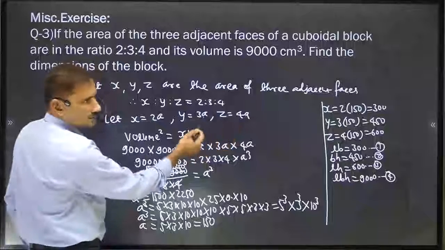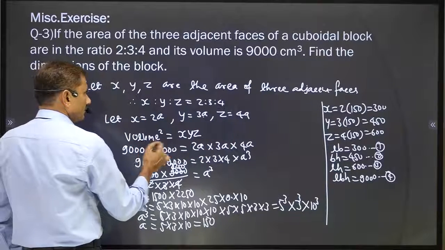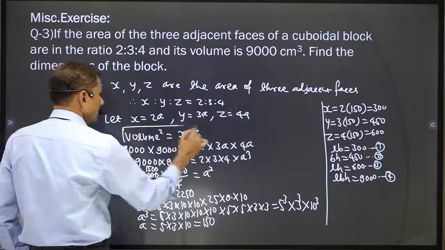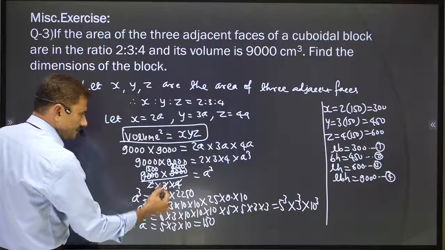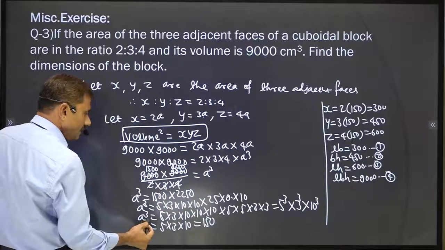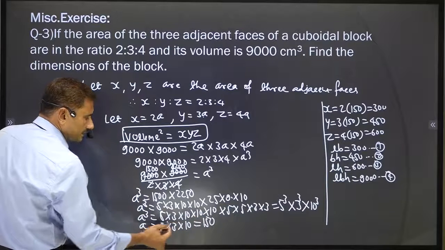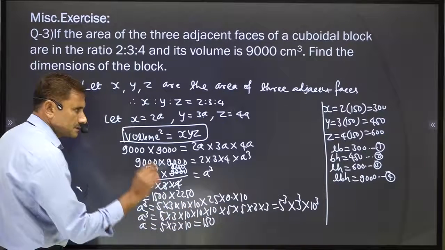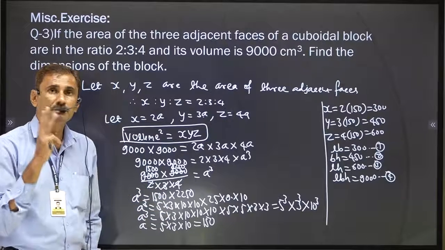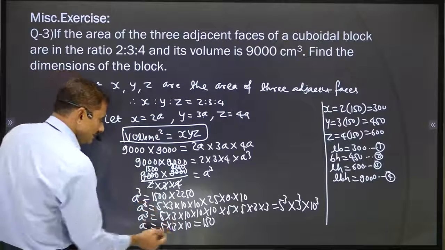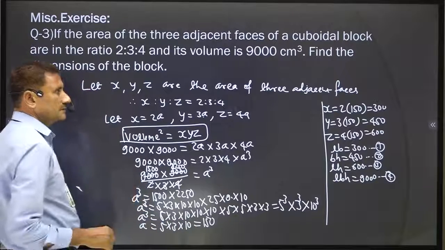That result is already proved, so we use it here. After simplifying, we got a cube, but for getting the cube root, we have to factorize it so that groups of three numbers we get. Okay, so at last we got a equal to this.